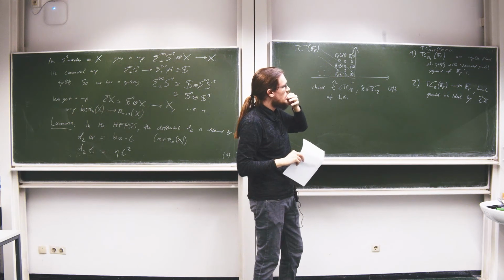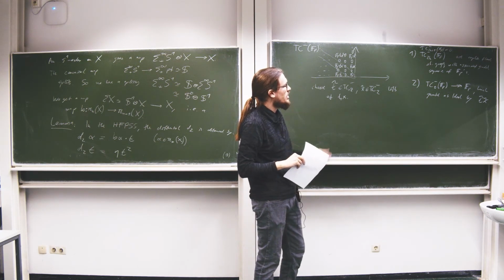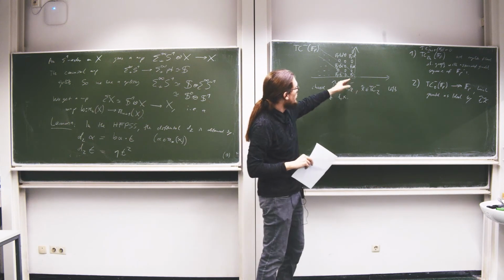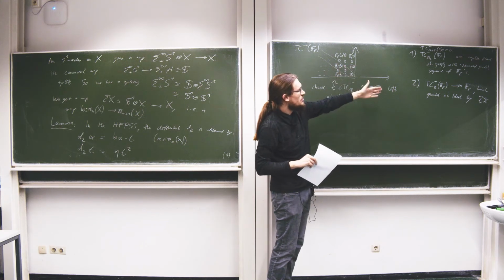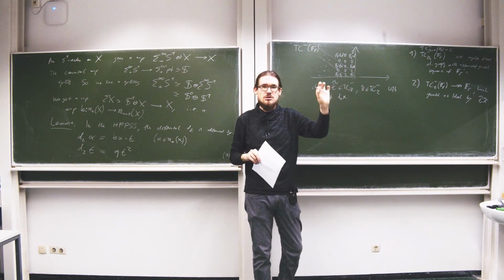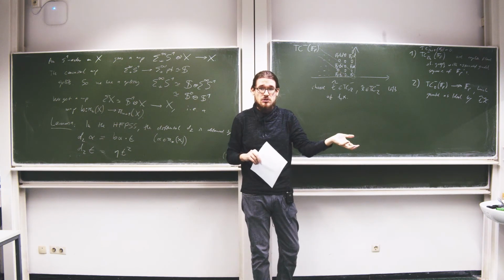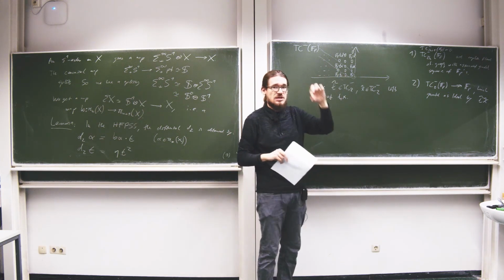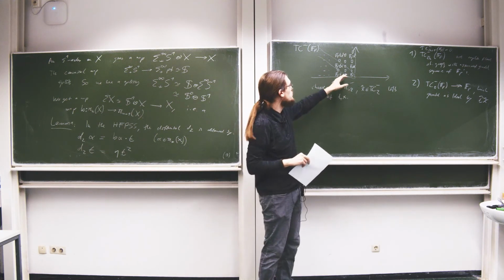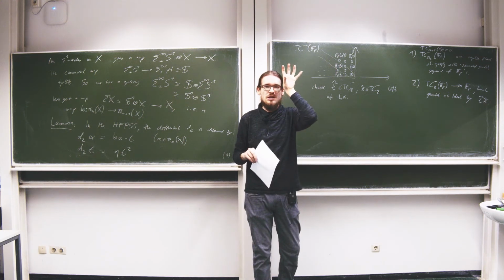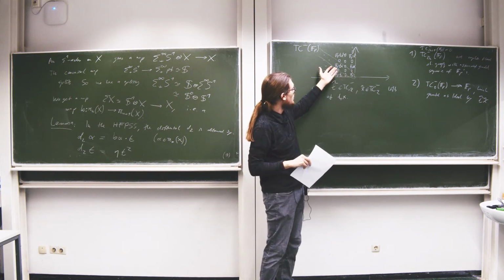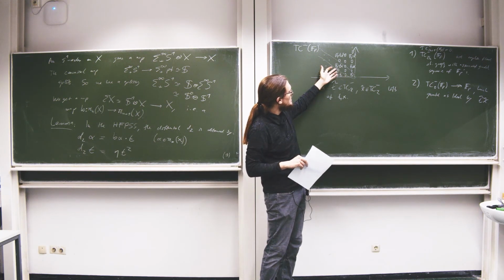For example, you can work this out by checking that an element in the kernel, since the map here is the projection to the 0th part of the associated graded, is going to be in positive filtration. Let's say it has filtration 1. So it has some non-zero component in this term in the associated graded, but then I can subtract a suitable multiple of T tilde X tilde in order to make that component vanish.